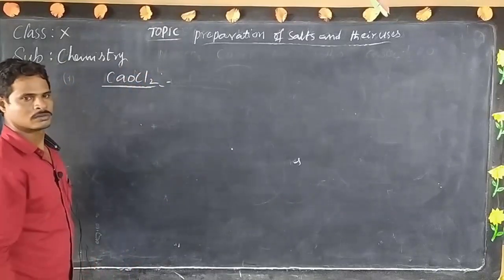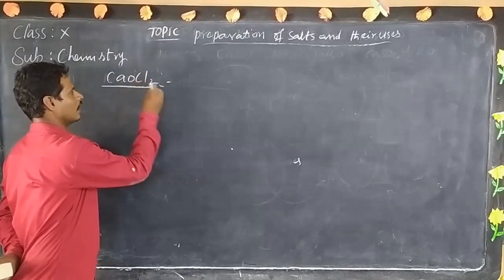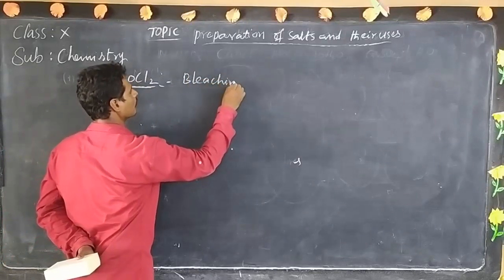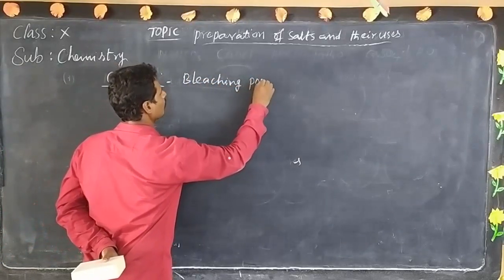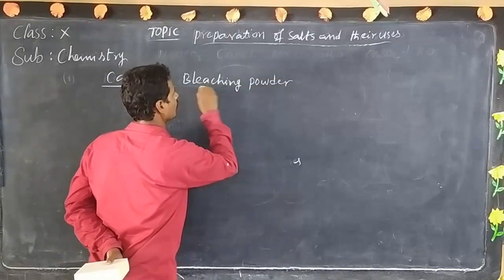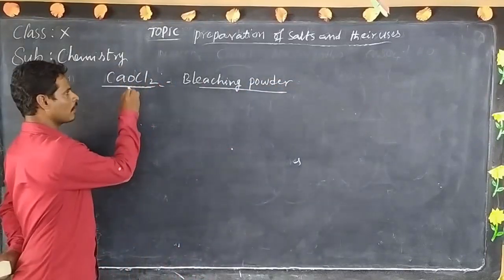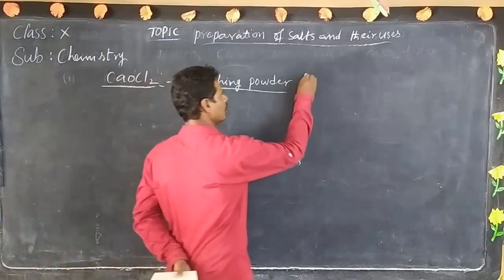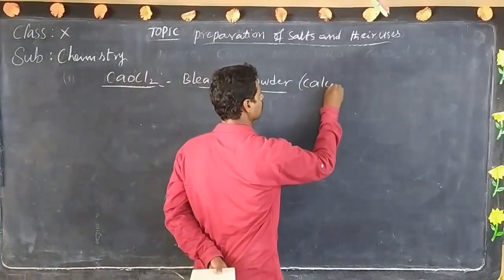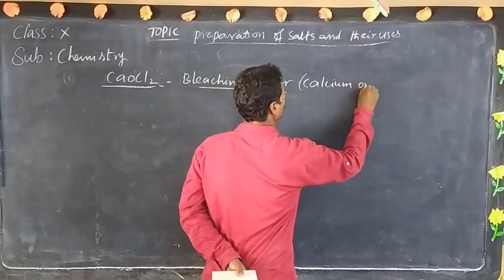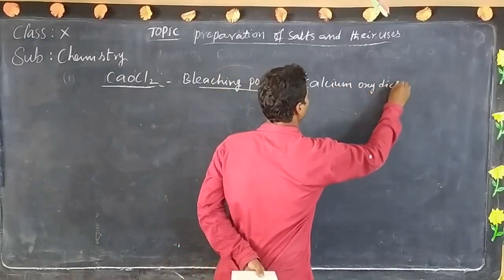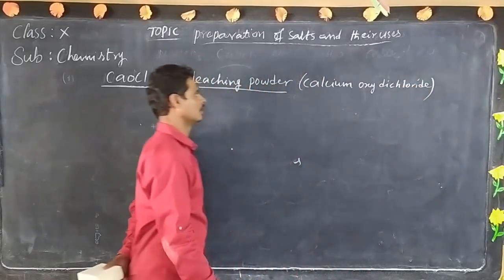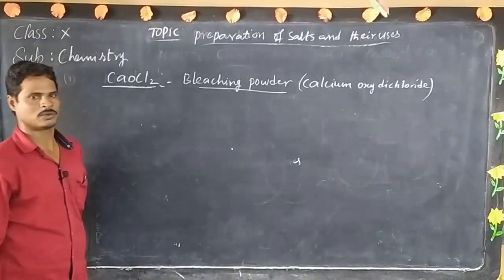Next, the second one. What is the common name? This is called bleaching powder. What is the name of the compound? Calcium oxychloride. We call it bleaching powder.